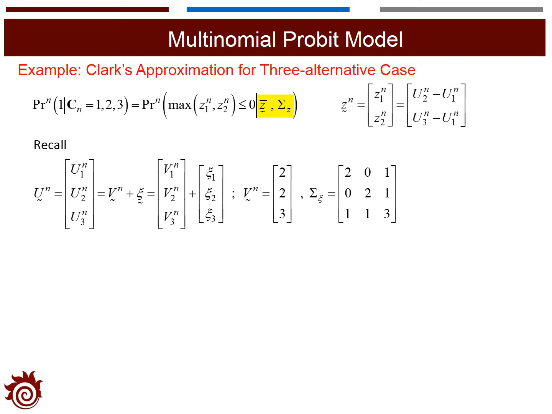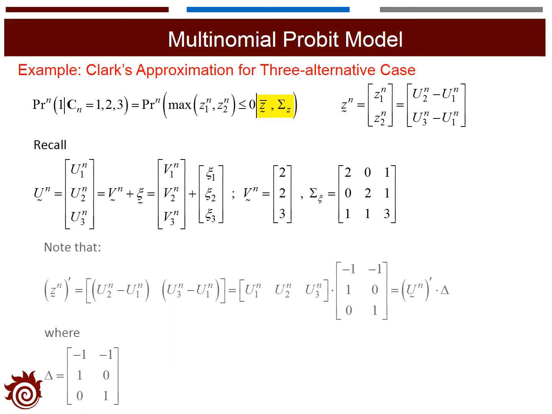And we also know the expression of the z vector as a function of all three utilities. Then we can write down the z vector in matrix format. It will become the u vector times a transformation matrix delta. And this is the definition of delta.